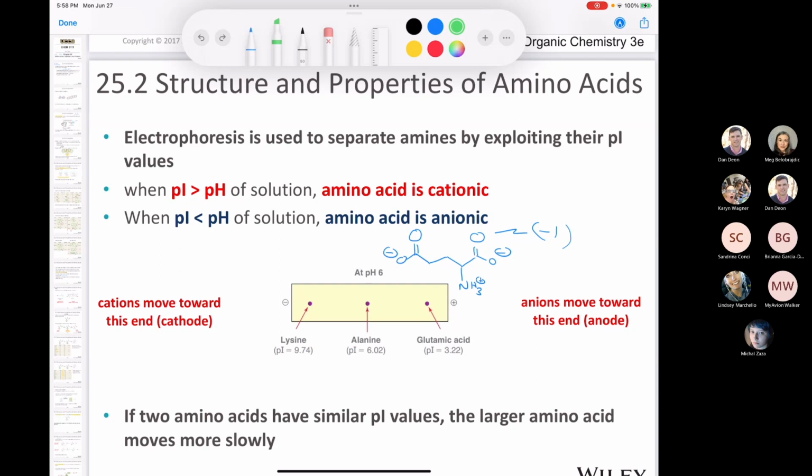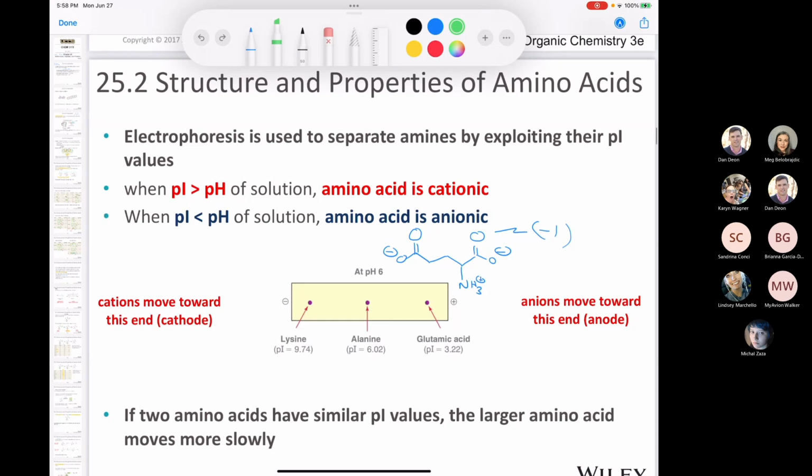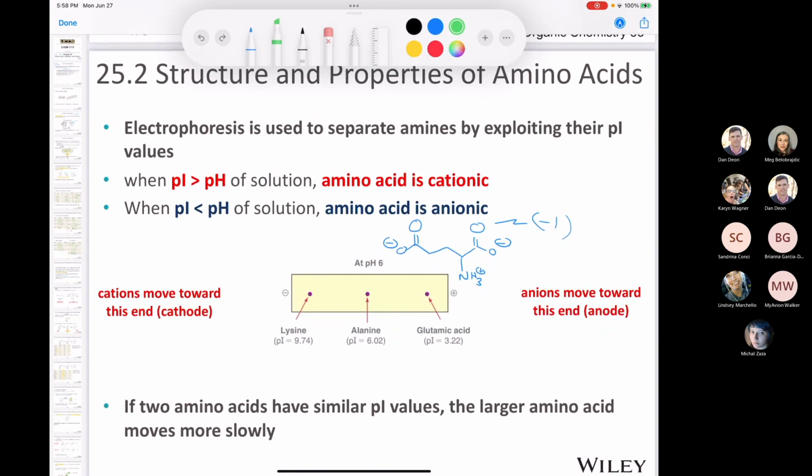So let's say you have two amino acids with very similar isoelectric points. The heavier amino acid is going to move slower, just because it's heavier. It's going to take more kinetic energy, I guess, to make it move. Oh, I have it written down here. The larger amino acid moves more slowly. All right, good enough. So that's a little bit about electrophoresis.